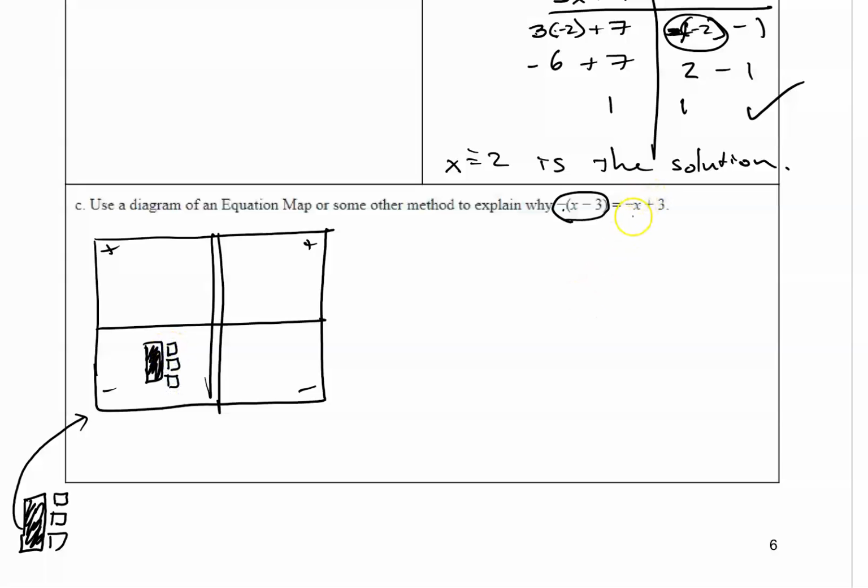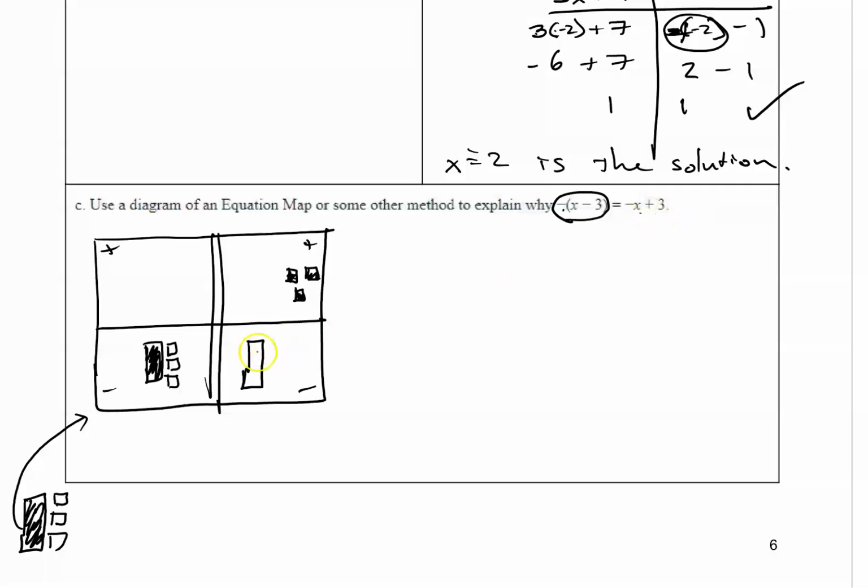On the right-hand side, I have a negative x tile. So it's a minus sign. There's the x tile. And then plus 3. So check this out. I'm sorry, negative x tile. That's a mistake.